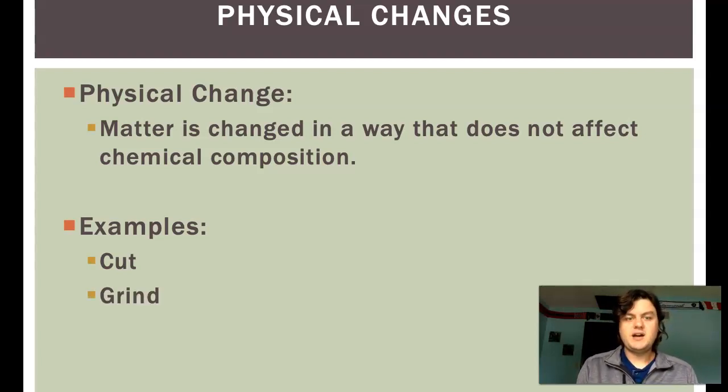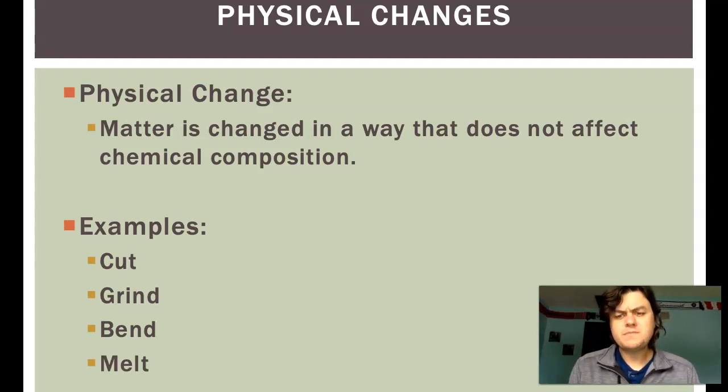If we grind something down, again, it's causing it to be changed into many small pieces, but it is not changing the substance. Bending a piece of metal, it is still the same substance. And melting. This is one where I talked about it briefly on the previous slide, but it can catch students sometimes. Changes of state are physical changes.